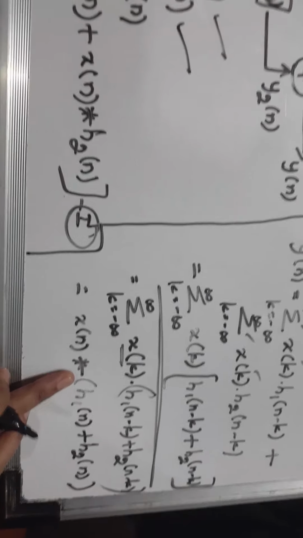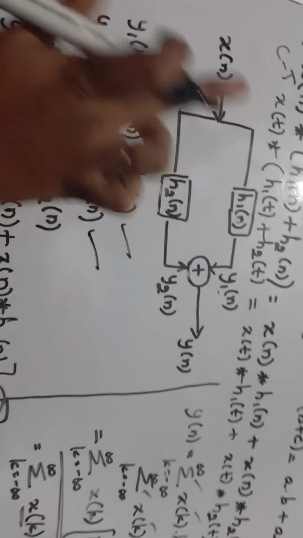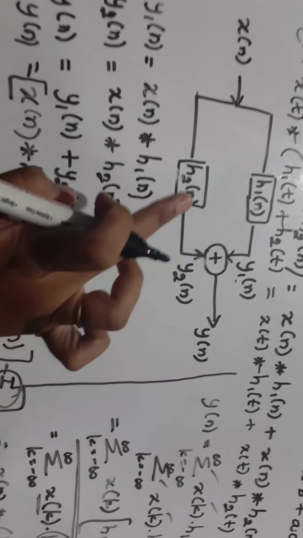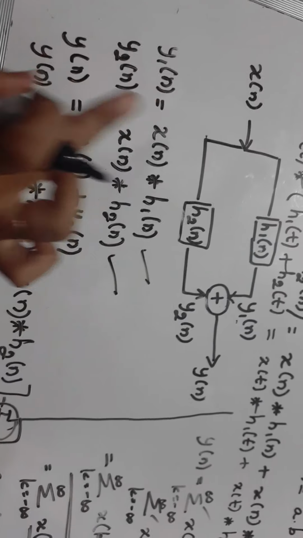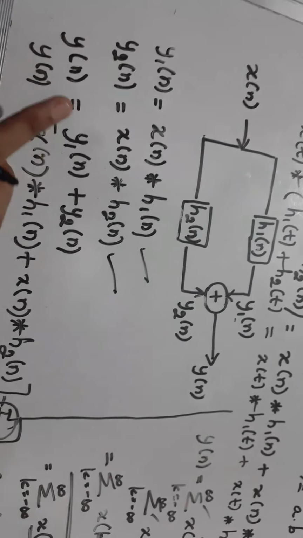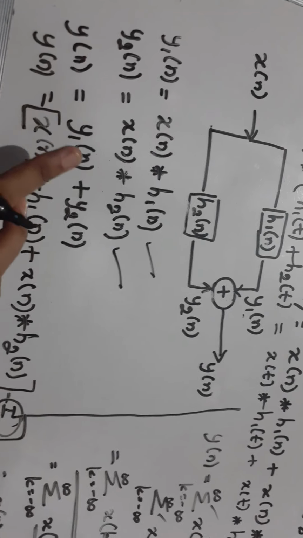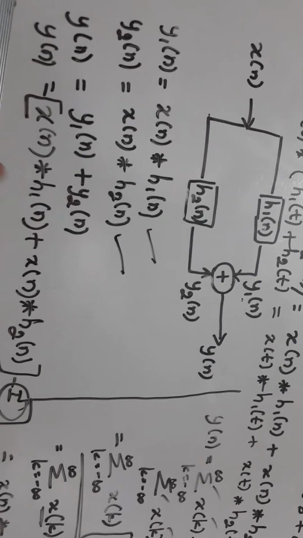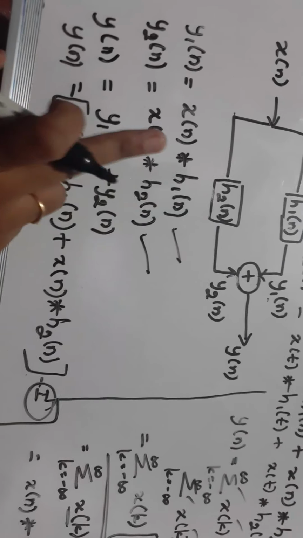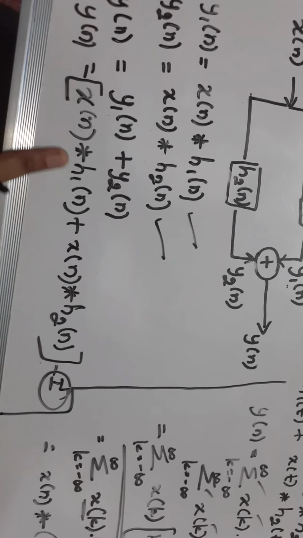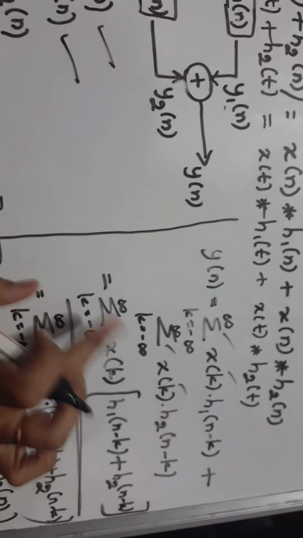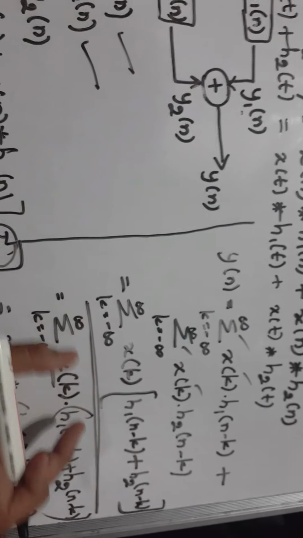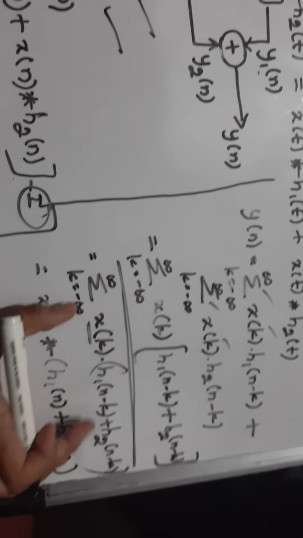That's it. We started with a block diagram with two impulses. For individual y1 and y2, we have written the equations. Final y equation, sum of two outputs. Then what is y1 and y2? We have substituted, and instead of convolution we have written the equations. Then making some mathematical rearrangements, taking few things common, we got this.